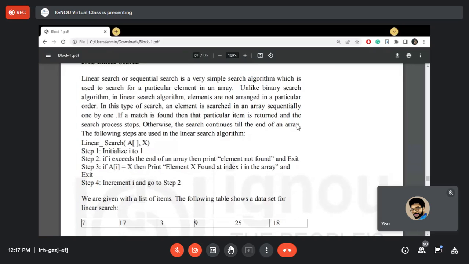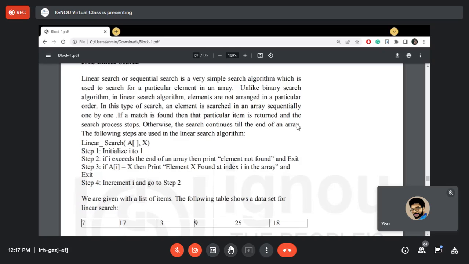Linear search means a sequential search. If we have a list of elements and we have to find whether a particular search element is in the list or not, we have to check each and every element against that search element. That is known as linear search. In this type of search, an element is searched in an array sequentially, one by one.